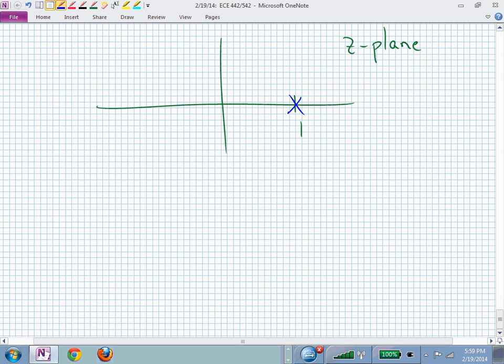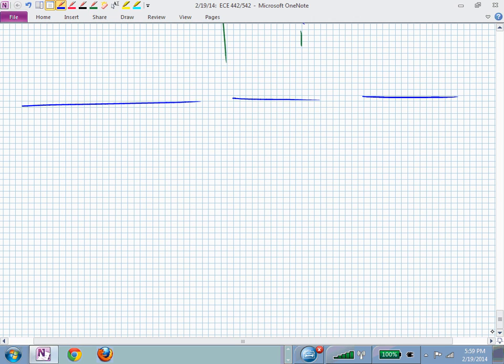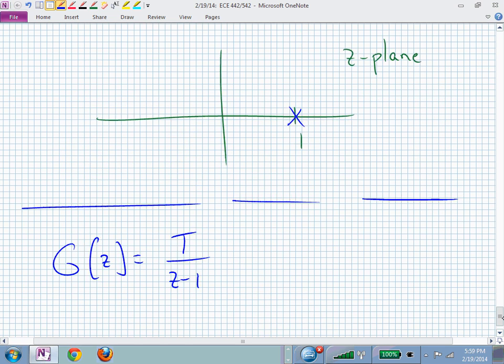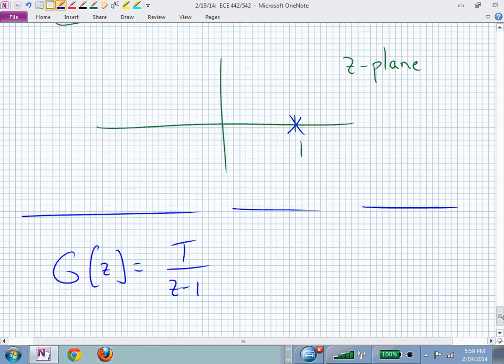Now that we have this transfer function, we can actually start to play with this a little bit. So we now have this g of z equal to, and I'm going to just forget the k so that I now have a pure integrator. Let me gain it by 1. Let me say k is 1. So this is now t over z minus 1. Isn't that what I had with k equal to 1?